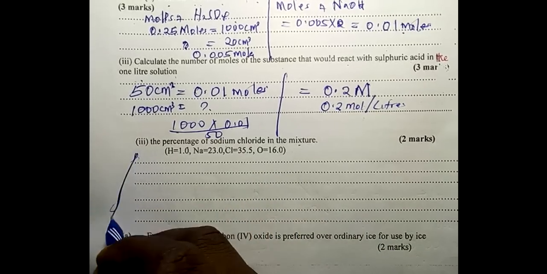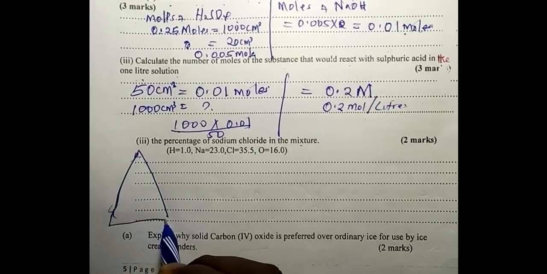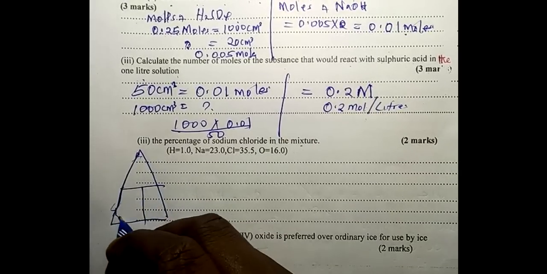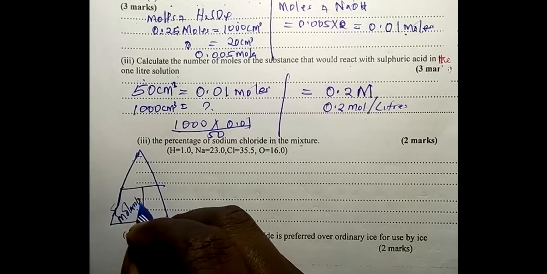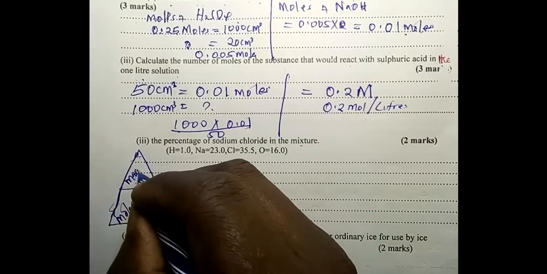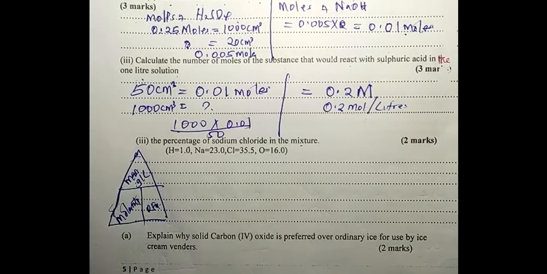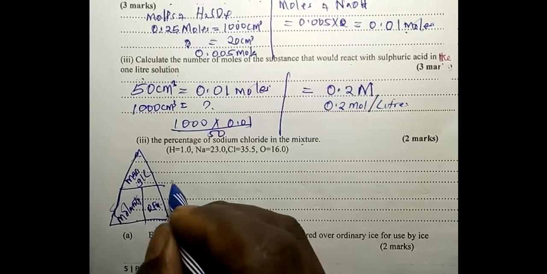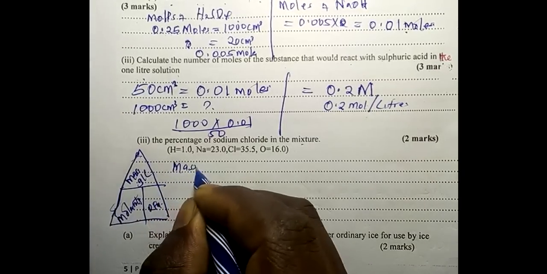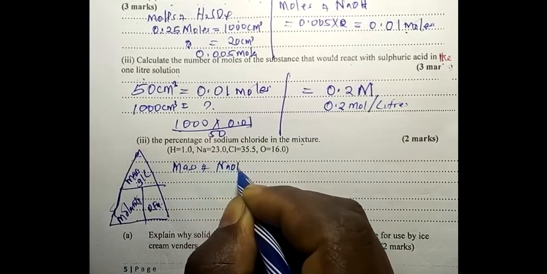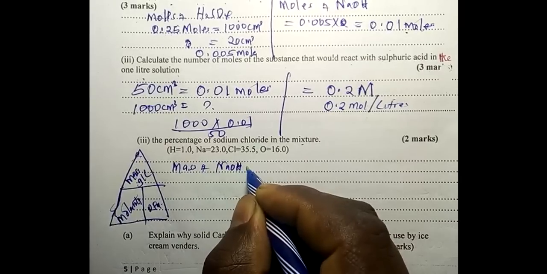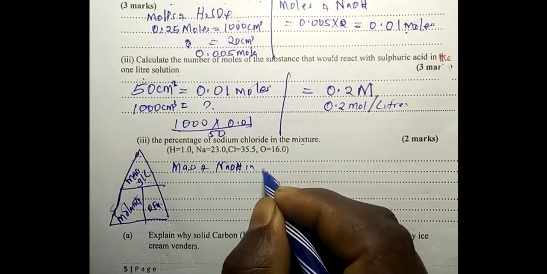I think you have seen it several times. I will use this triangle that says molarity, mass in grams per liter, RFM. So now I want the mass of sodium hydroxide in 1 liter.